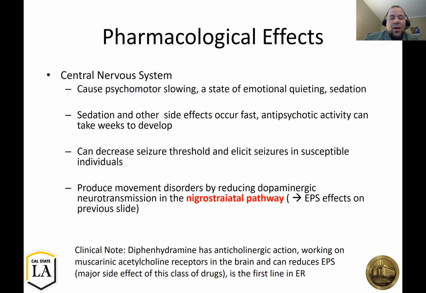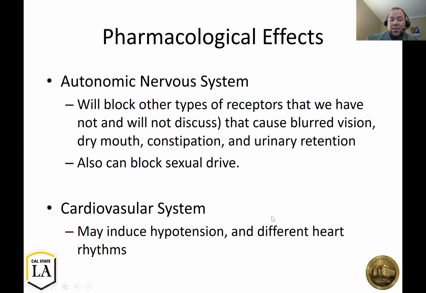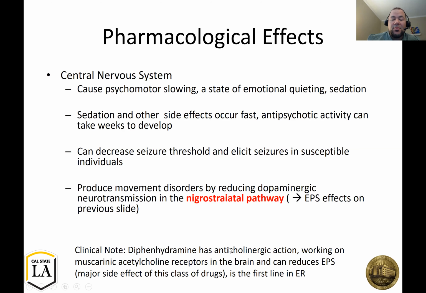I also wanted to mention that diphenhydramine, which has really good anticholinergic action, is really good at treating the EPS. It can reduce EPS, which is a major side effect. And so that's also used on the front line when treating someone who might be suffering from some of these mental health issues, especially in the emergency room.